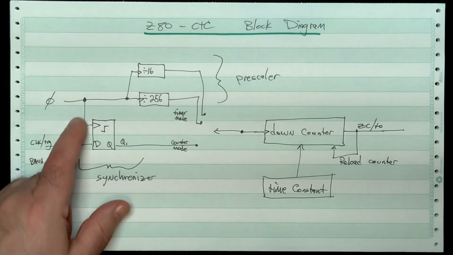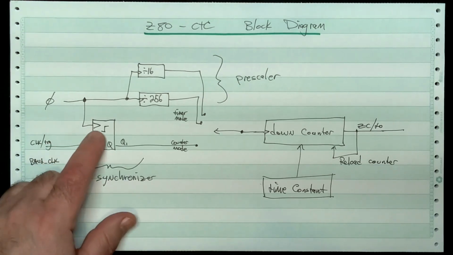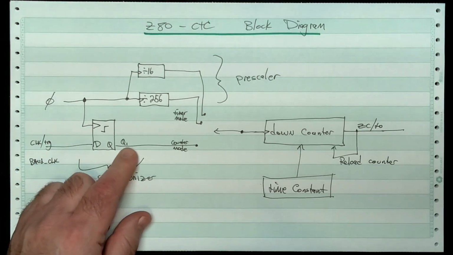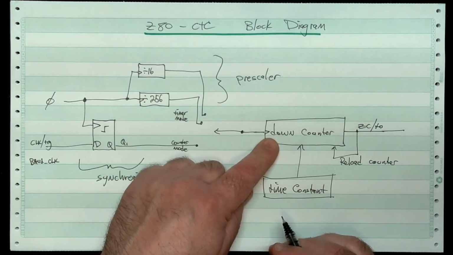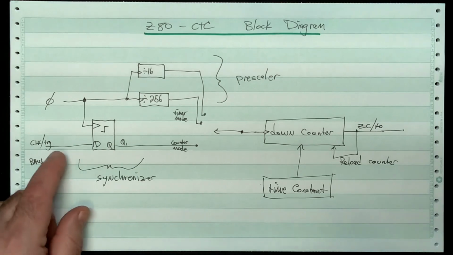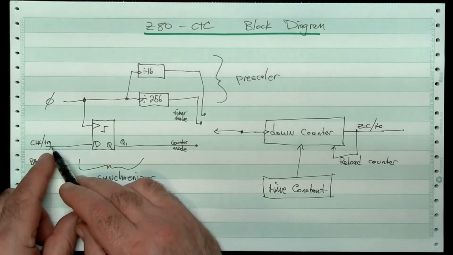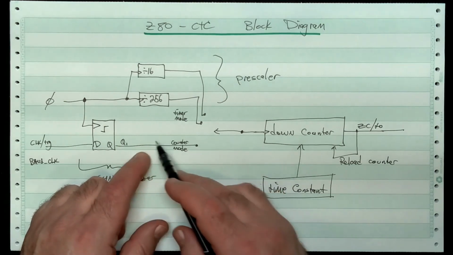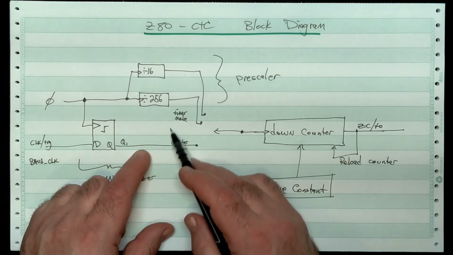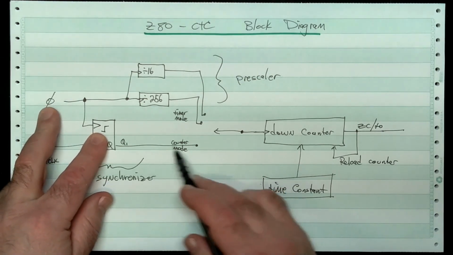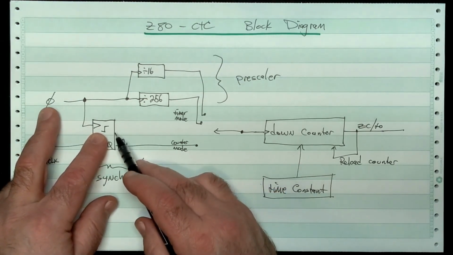Every time there's a rising edge on phi, the value on this line is copied over here to Q1 and then sent into the down counter. So all this thing really does is it makes sure that no matter when this signal is going high and low and everything else, the signal here will only be able to go high or low when phi is on a rising edge, okay?